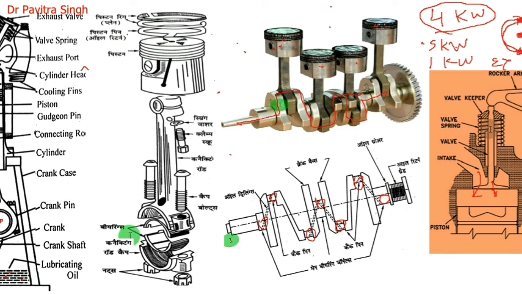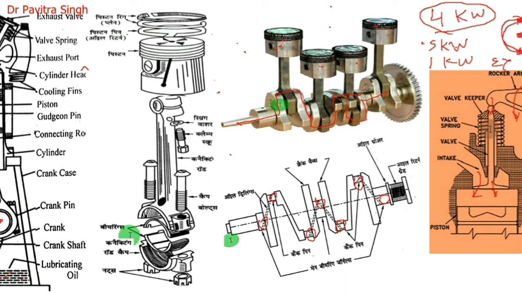So this will rotate this arm, and this arm will push this valve. This is the function. Simply, this is the crankshaft, this is the cam, and this cam is lifting this push rod.